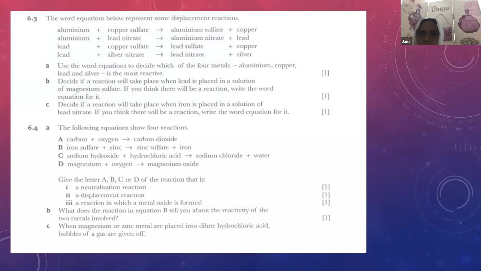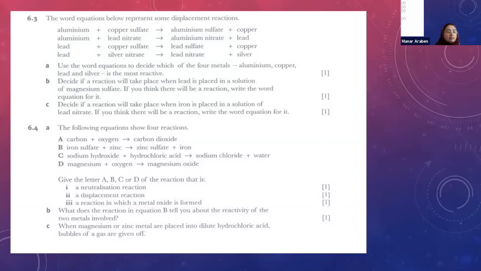Equation B says iron sulfate plus zinc gives zinc sulfate plus iron. Which one is more reactive than the other?